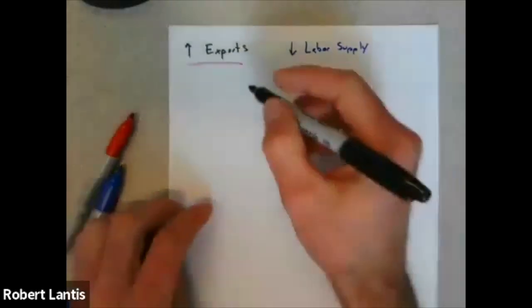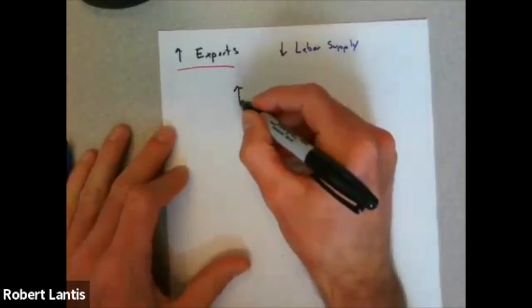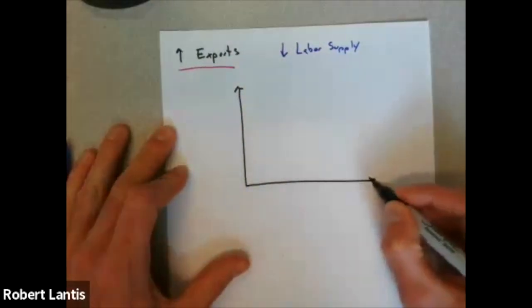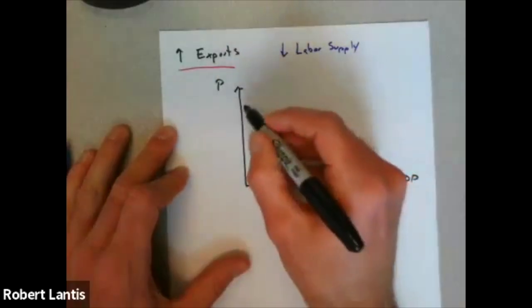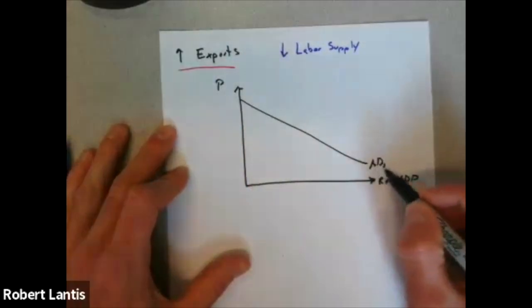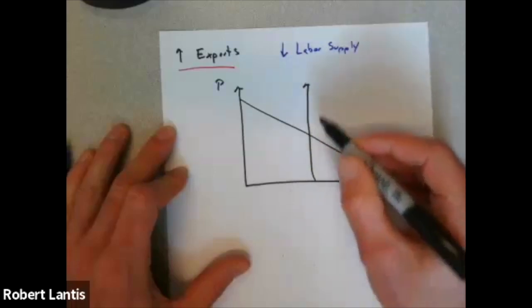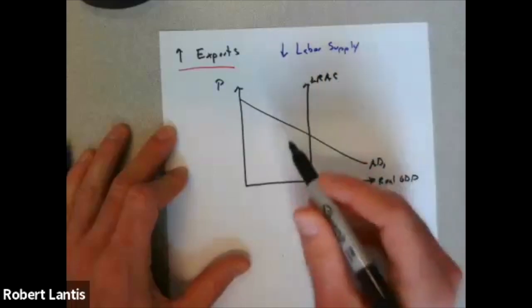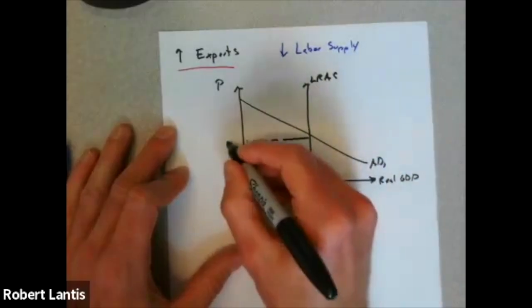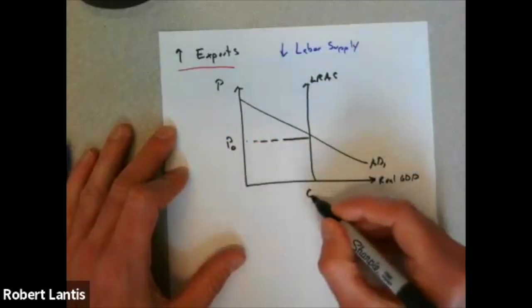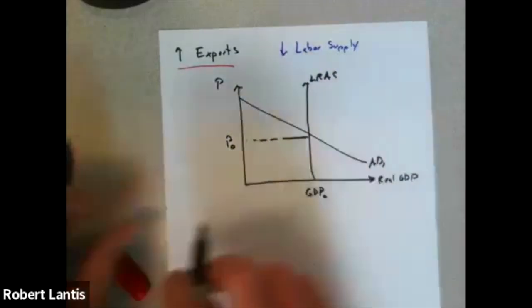So I'm starting out. I've got real GDP, prices, my aggregate demand, and my long run aggregate supply. Here we're just thinking about the impacts on the long run. My GDP and prices start here.